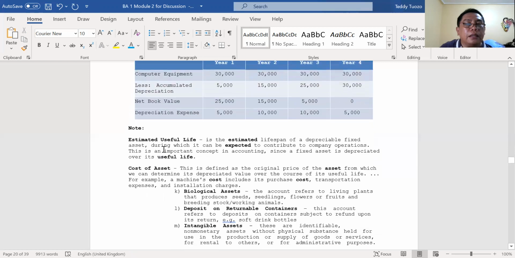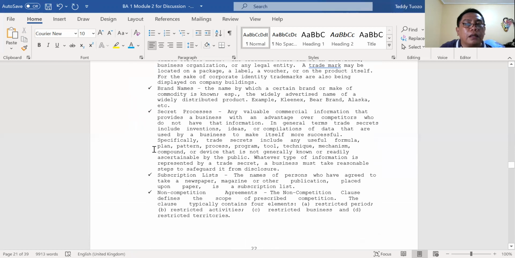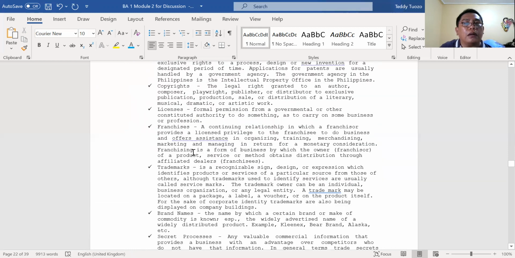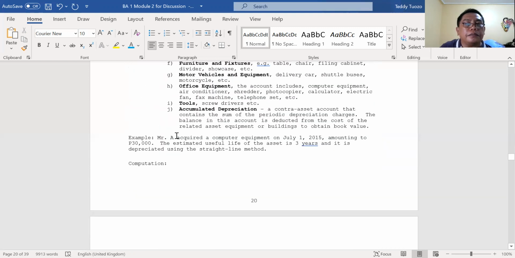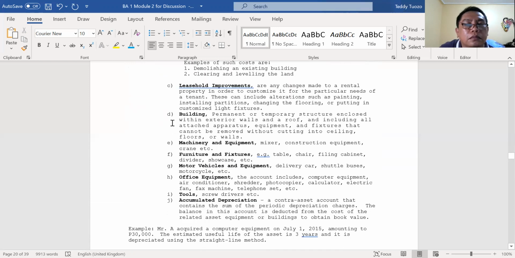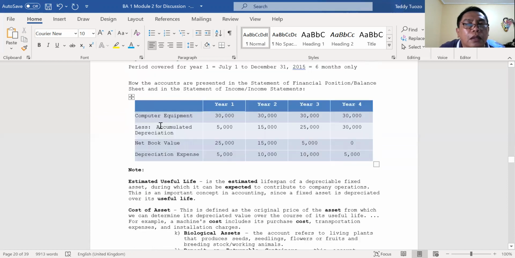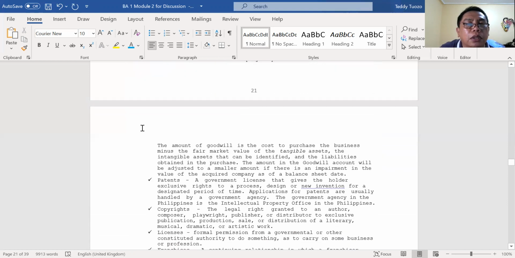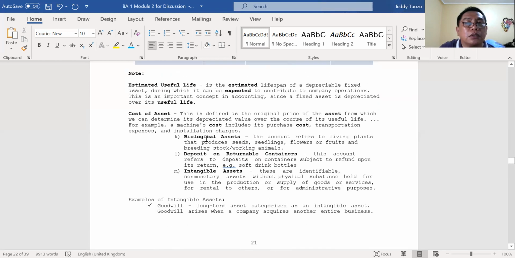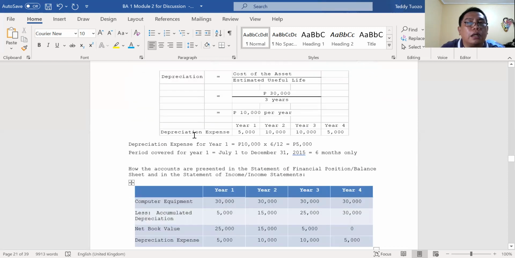And then I forgot to include here the deposits or the long-term investments. They are here.